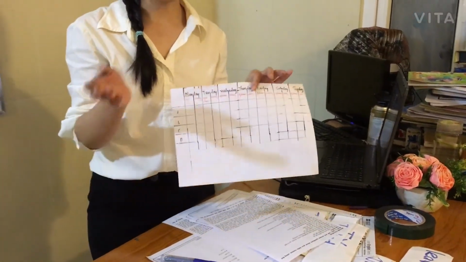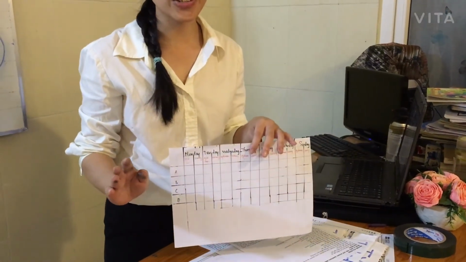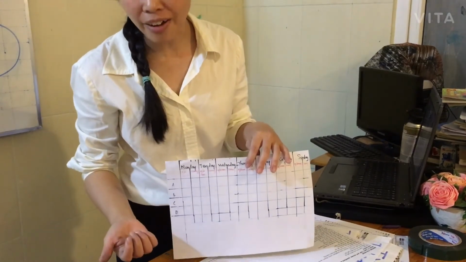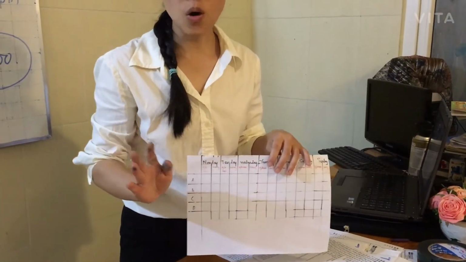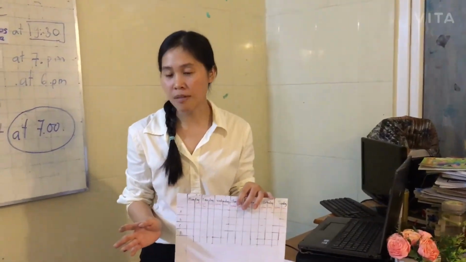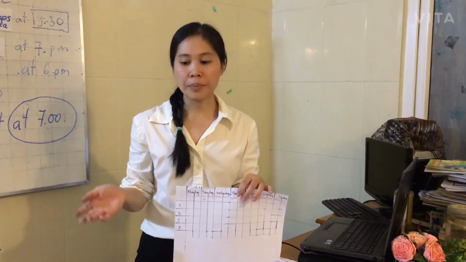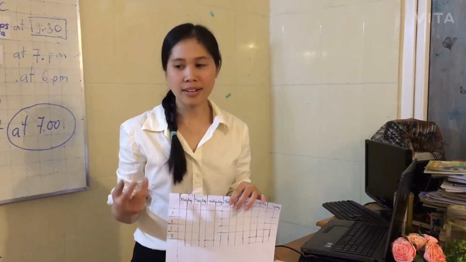You are planning a time or schedule to go to the cinema together. But in the morning, all of you go to school, so you don't have time from Monday to Saturday morning. But you have free time in the afternoon and in the evening.